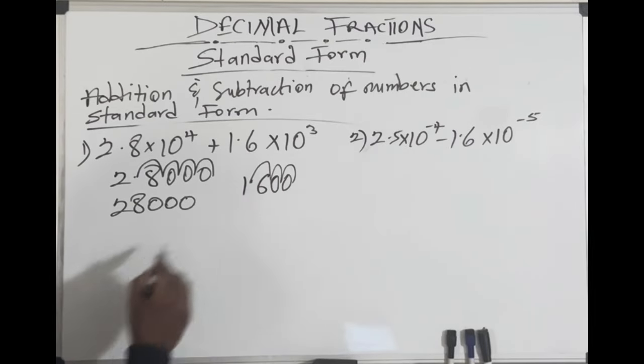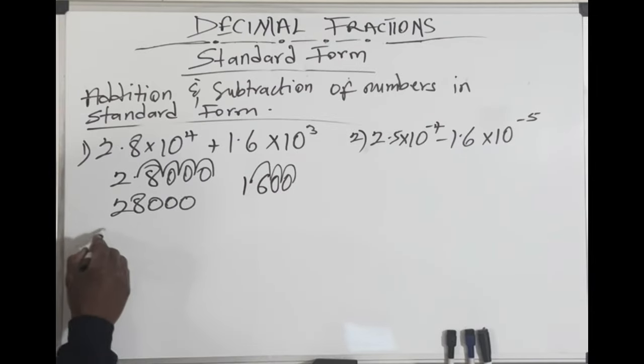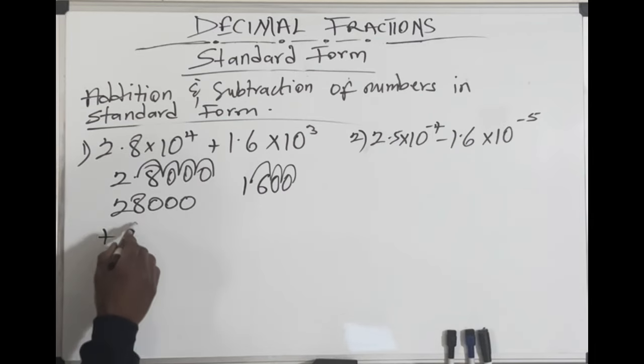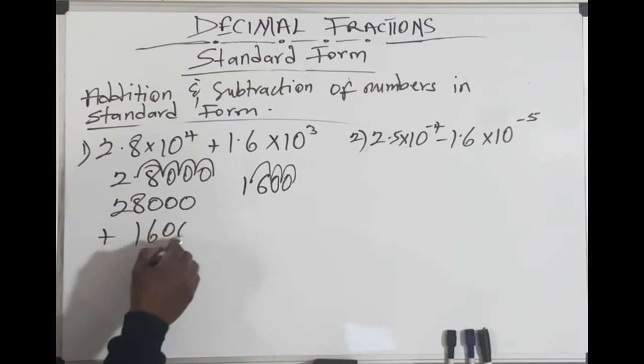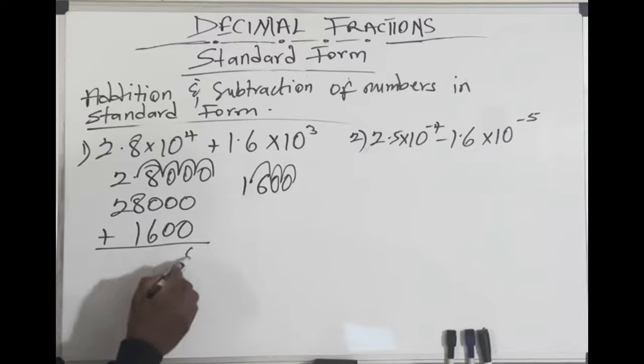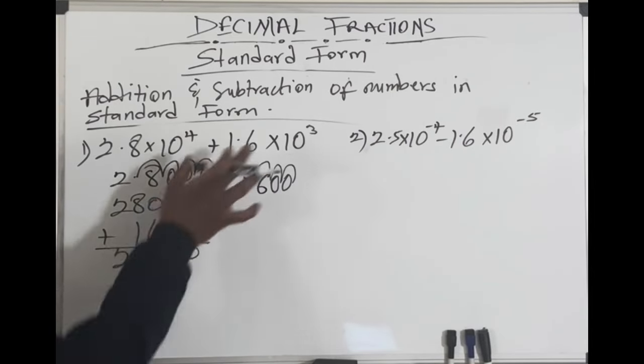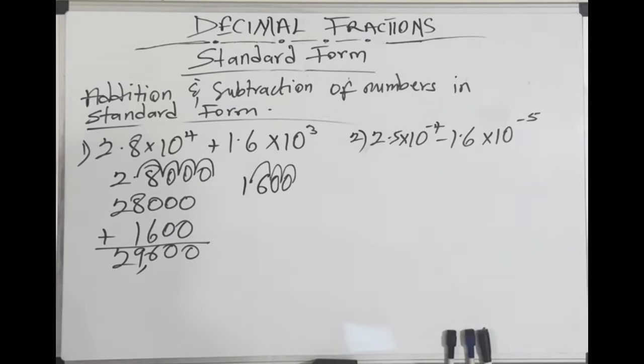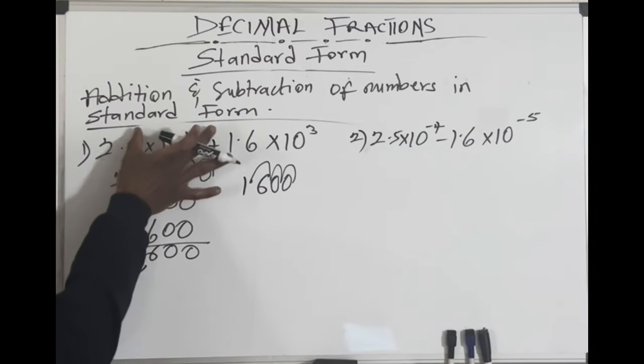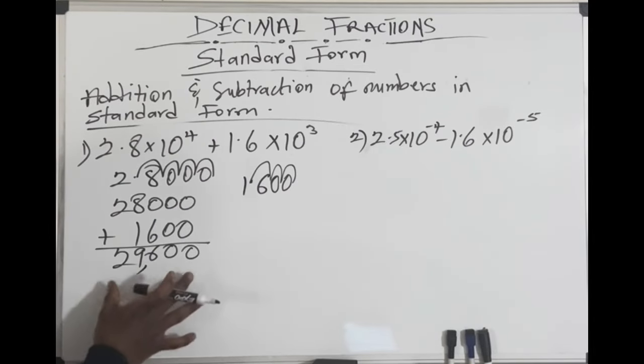So 1, 2, plus 1,600. We add them. So we have 29,600, but then we are told to leave in a standard form. If the question tells you to leave in a standard form, then know that this is not your final answer.